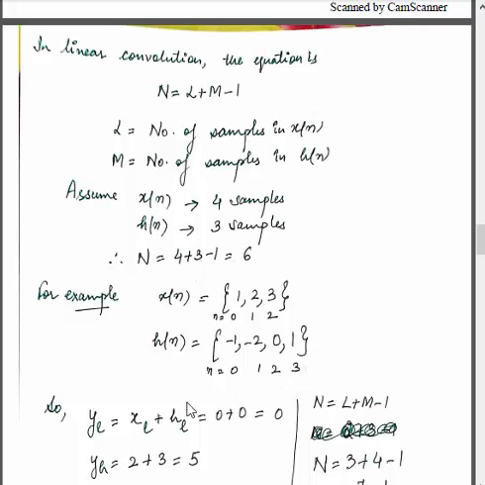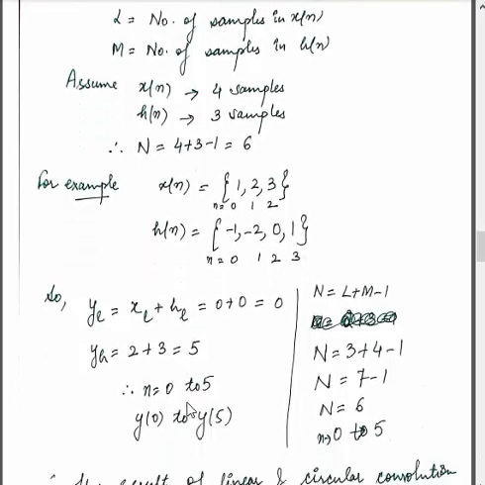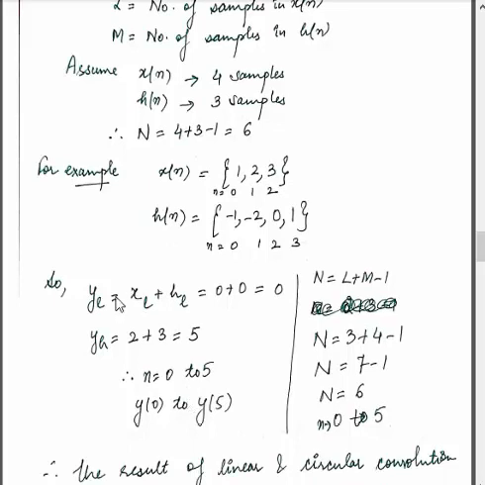To find the range of output y, first is the lower range of y, which is equal to the lower range of x plus the lower range of h. The lower range in both sequences is 0, so 0 plus 0 is 0. Second is the higher range of y, which is equal to the x higher range plus the h higher range. The x higher range is 2, the h higher range is 3, and 2 plus 3 is 5.